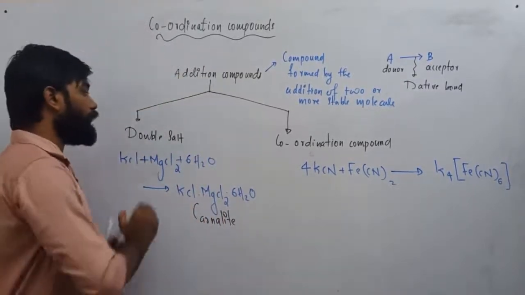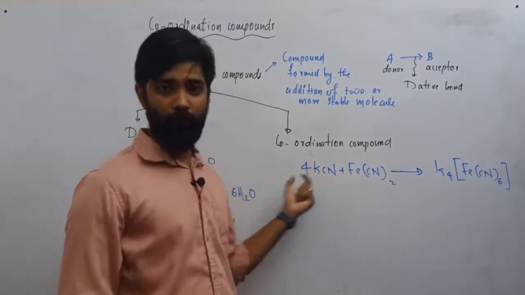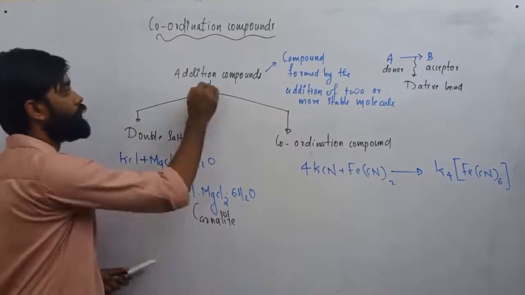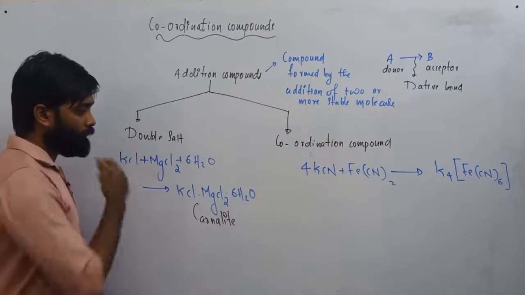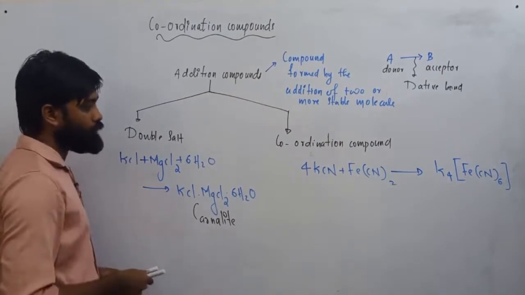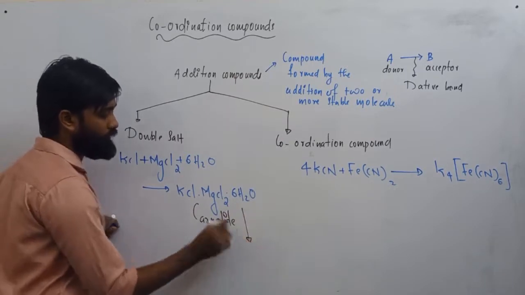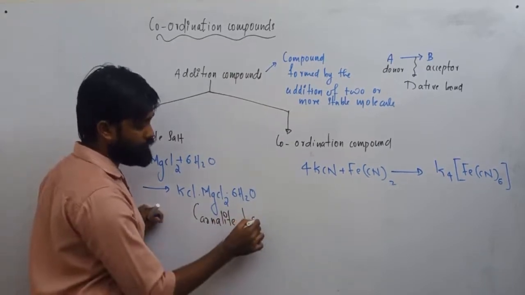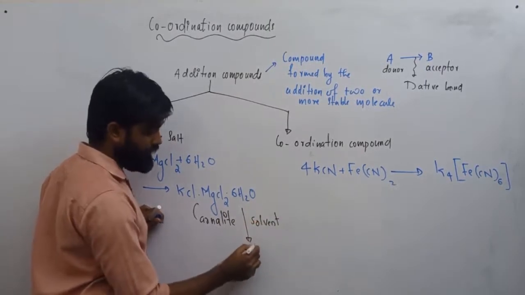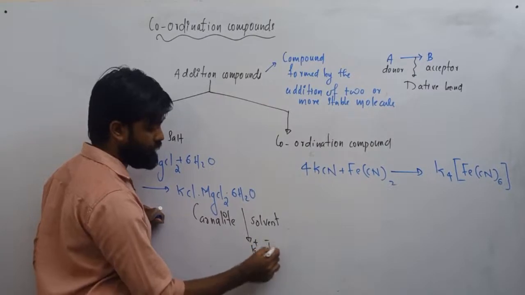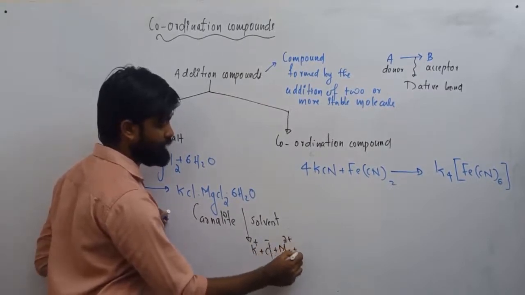Both double salt and coordination compounds are formed by the addition of stable molecules, right? So both belong to addition compounds, otherwise called molecular compounds. Then what is the difference between these two? If a double salt is dissolved in a solvent, for example water, it completely ionizes to form K+, Cl-, Mg2+, Cl-.